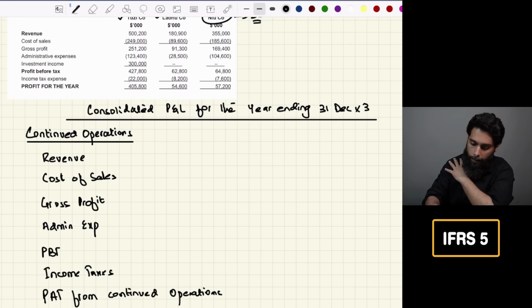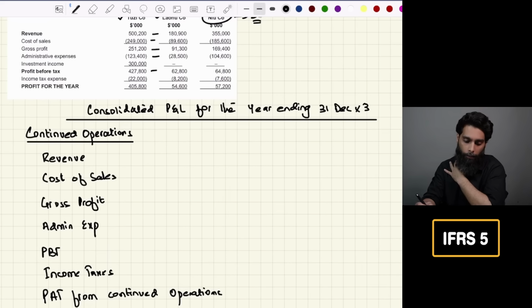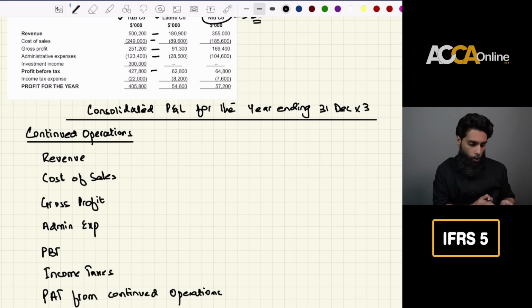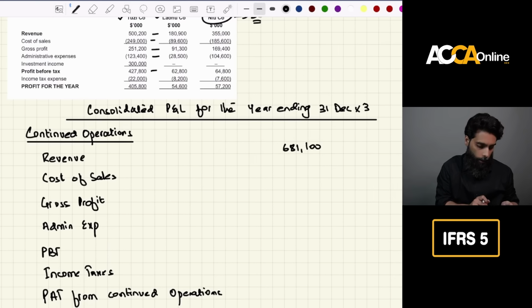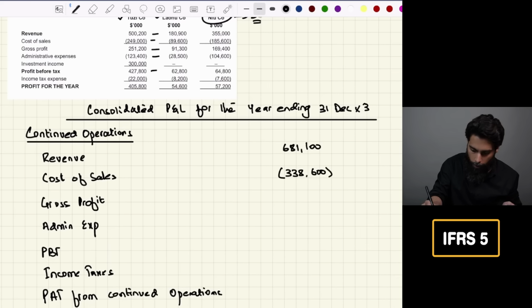How do you do this? Just take the sum of these two. Very simple. So your revenue, if I were to consolidate everything, 500,200 plus 180,900, would equal 681,100. Cost of sales would equate to 249,000 plus 89,600, which equals 338,600.